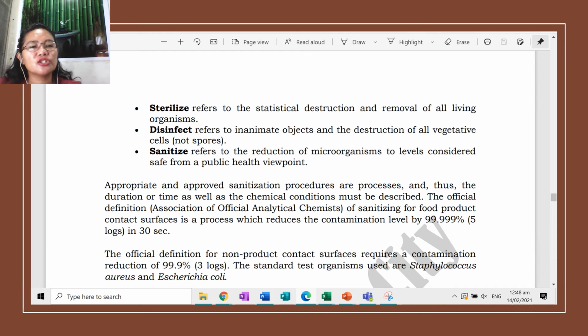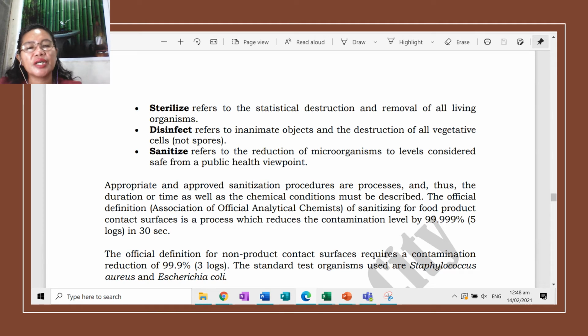The official definition of the Association of Official Analytical Chemists of sanitization for food product contact surfaces is the process which reduces the contamination level by 99.999%, 5 logs in 30 seconds. Okay. So the official definition for non-product contact surfaces requires a contamination reduction of 99.9%, 3 logs.